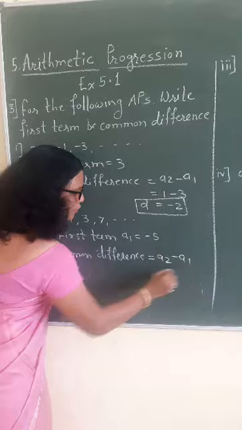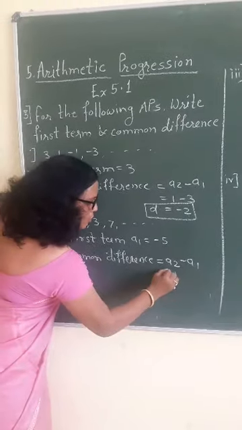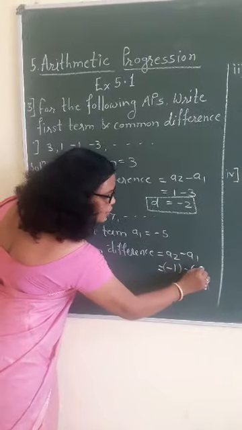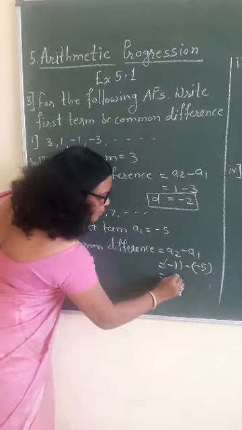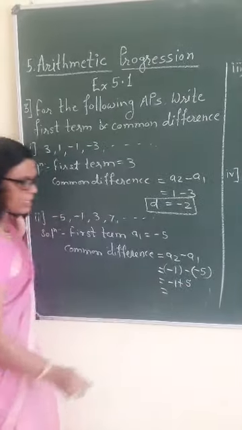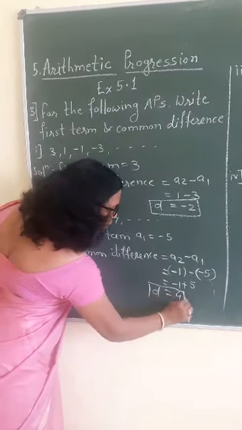A2 minus A1. The second term is minus 1, minus the first term, which is minus 5. Minus into minus is a plus. So minus 1 plus 5 is 4. So what is the common difference?